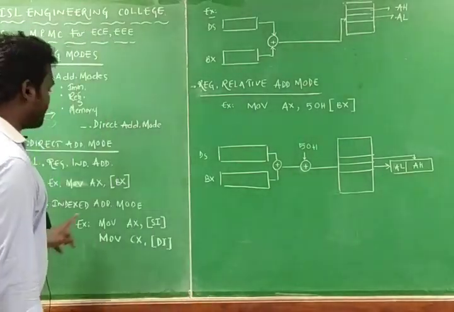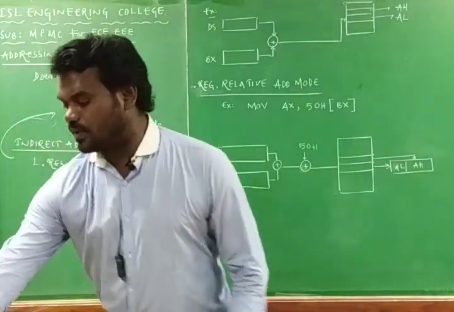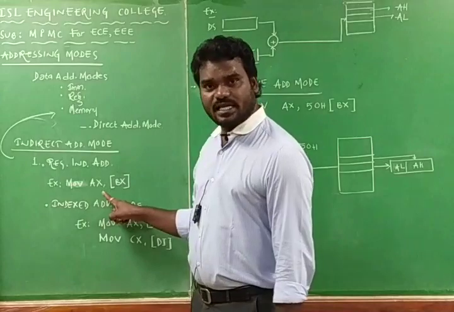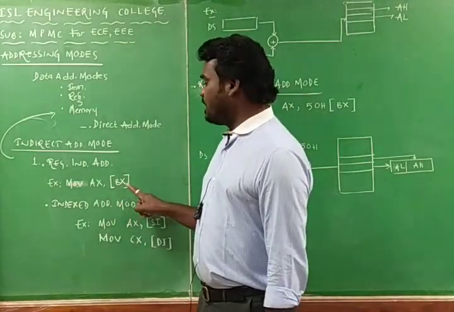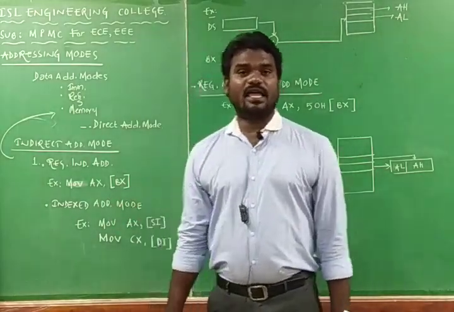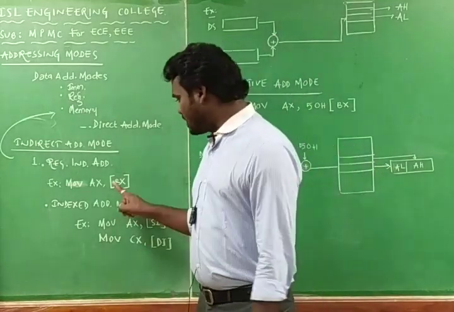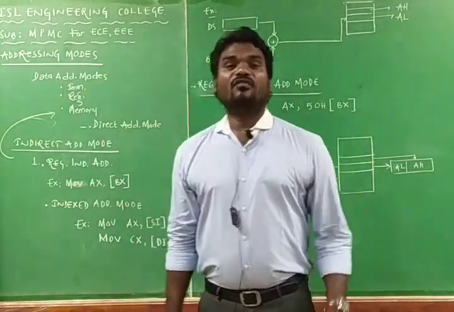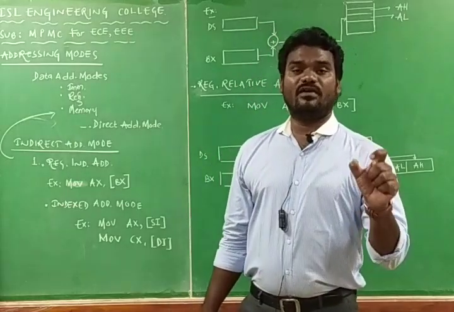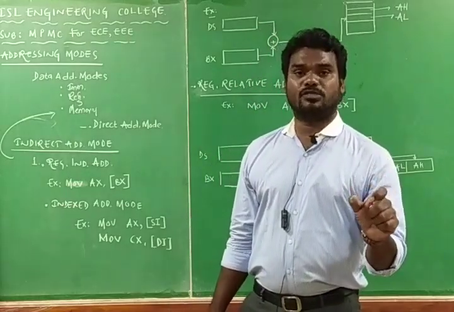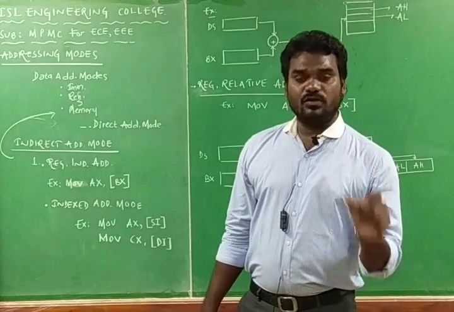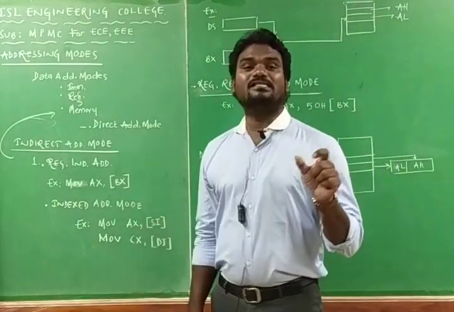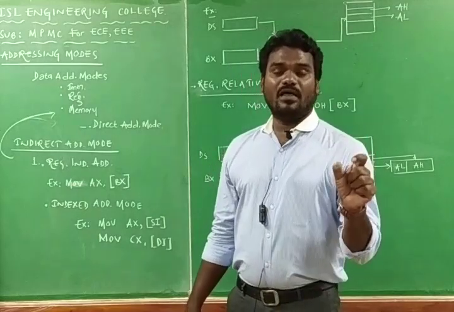The best example for the register indirect addressing mode is MOV AX, [BX], where MOV is the instruction, AX is the destination operand, and BX is the source operand. But BX is specified in square brackets, so whenever it is specified in brackets, you should understand that it is the address of the operand.